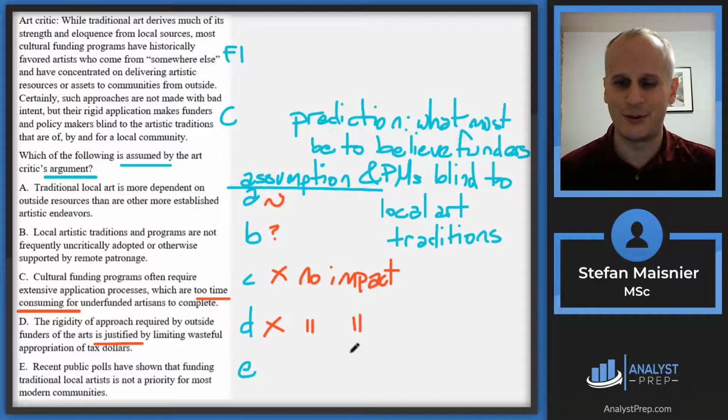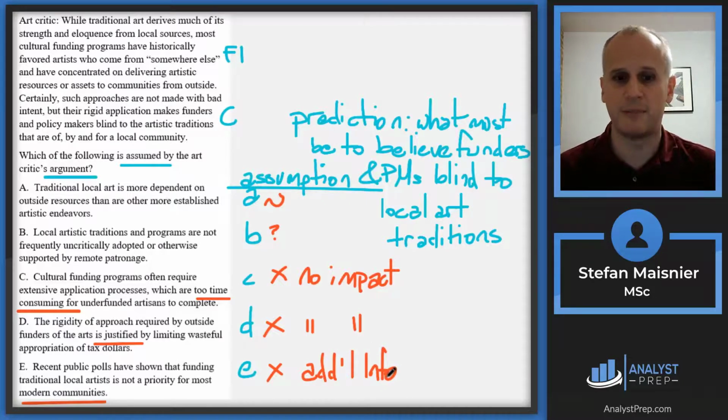Well, whether it is or is not a priority for the community has nothing to do with the funders or the policymakers. So we can just talk about these modern communities and say, well, that is not a specific impact. Or, worst case scenario, it requires additional information in order to determine the specific impact.